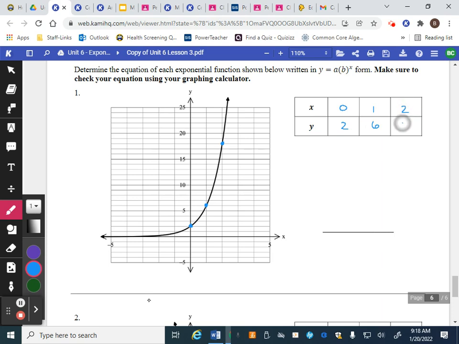And the next point is 2, 18. So the growth factor is 3. 2 times 3 is 6. 6 times 3 is 18. The y-intercept is 2. So this equation should be y equals 2 times 3 to the x.